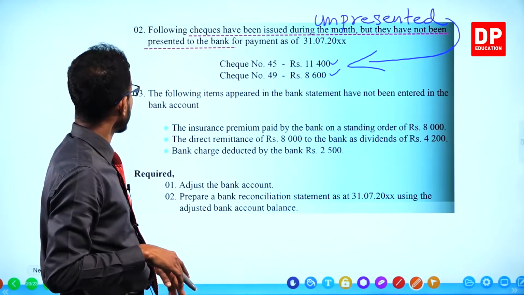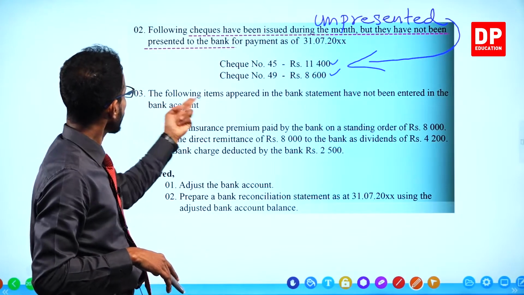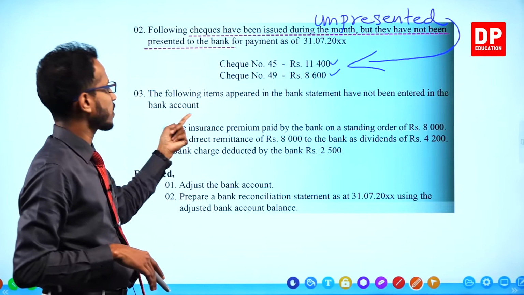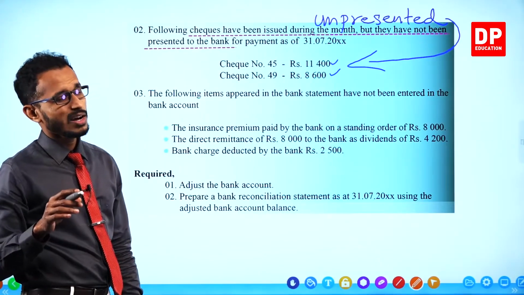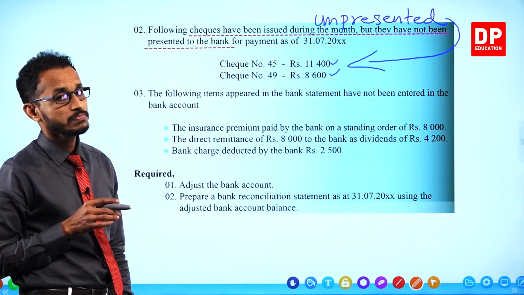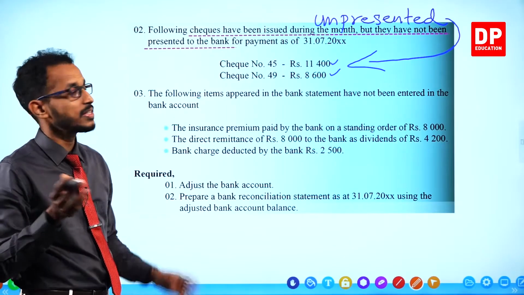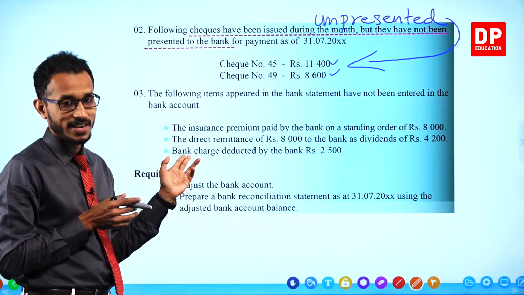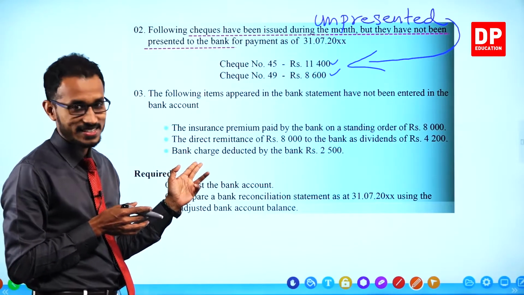Now let's see what other information is provided. The following items appeared in the bank statement which are not entered into the bank account. I get a clue. These things must be those. Yes, exactly.